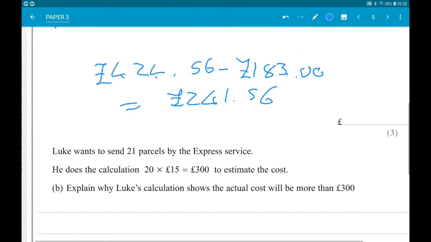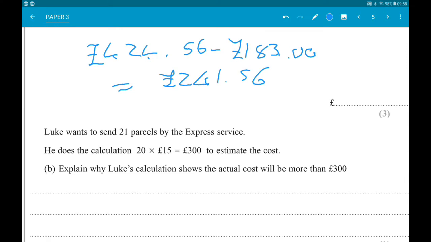Okay, then for part B, Luke wants to send 21 parcels by the express service. He uses the calculation 20 times £15 equals £300 to estimate the cost. Explain why Luke's calculation shows that the actual cost will be more than £300.